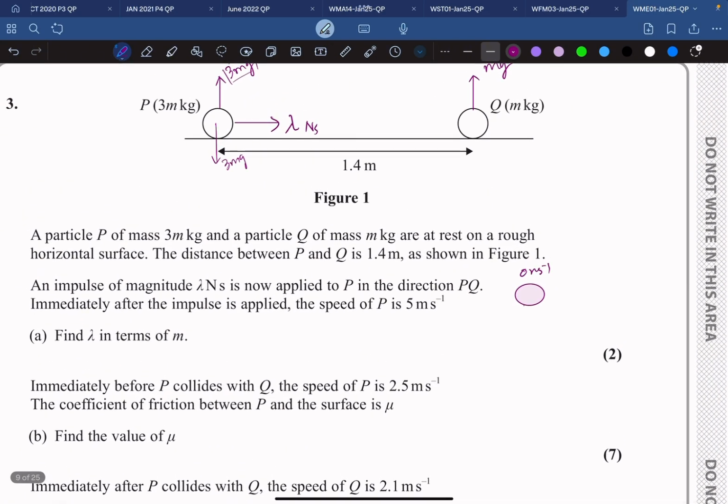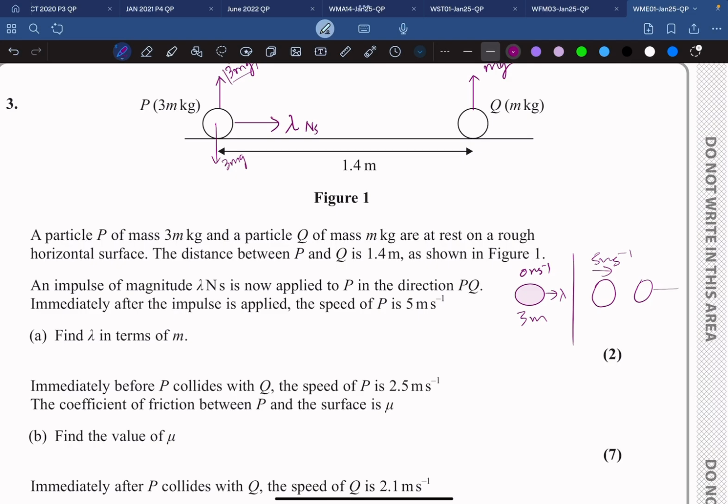We have 0 meters per second, and then we have 3m, and this is the before, and this is the after. So you're getting an impulse of lambda, and then after getting that impulse, you're moving at 5 meters per second. And I'm saying at that instant, right? It is only immediately after the impulse had been applied that the speed is 5 meters per second.